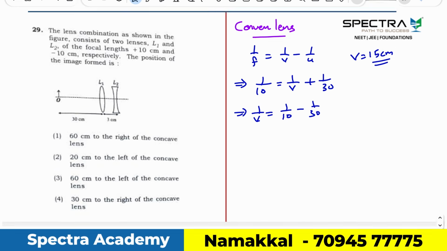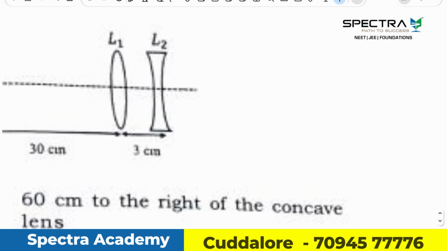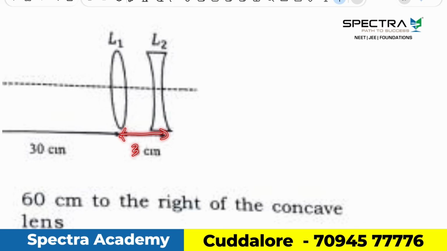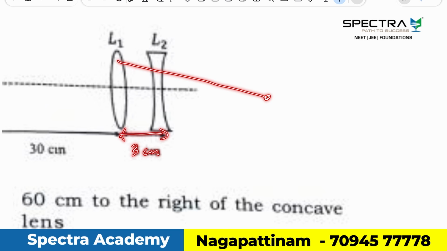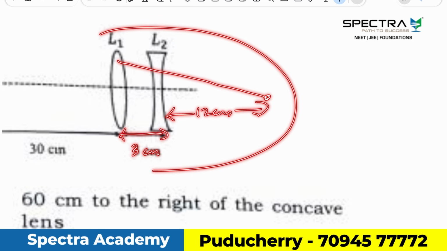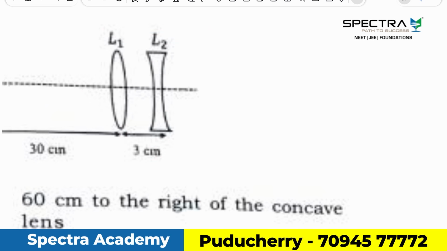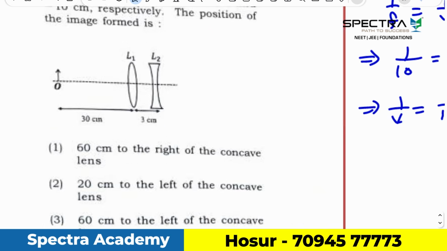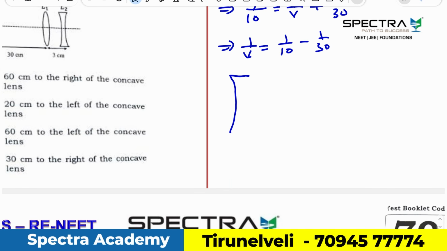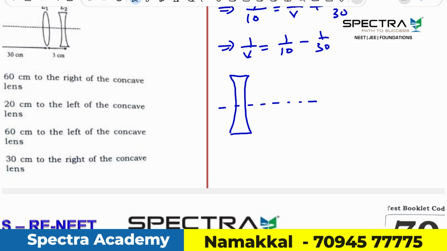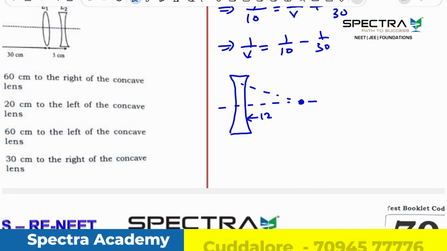Now what is the problem here? Already there is a distance of 3 centimeters. You are getting 15 centimeters from here, so the balance should be 12 centimeters. Hope you understood this. So I can tell this will be 12 centimeters.